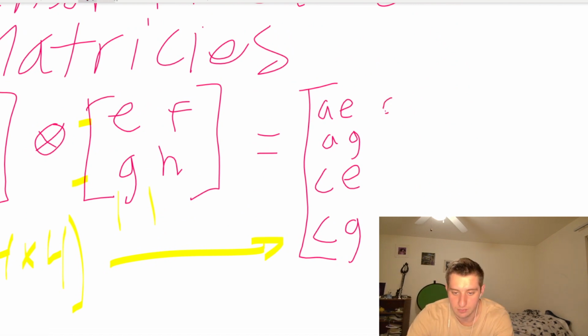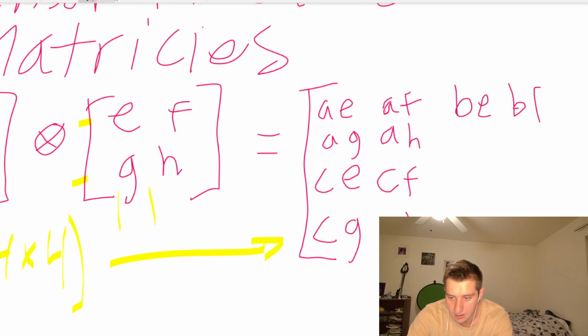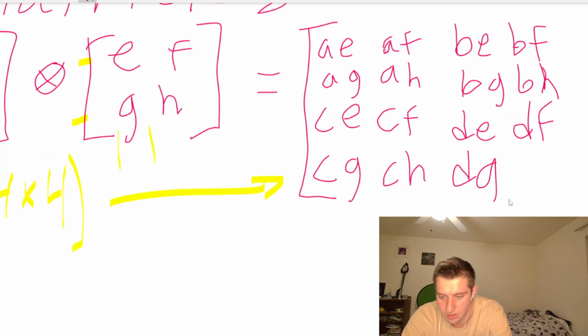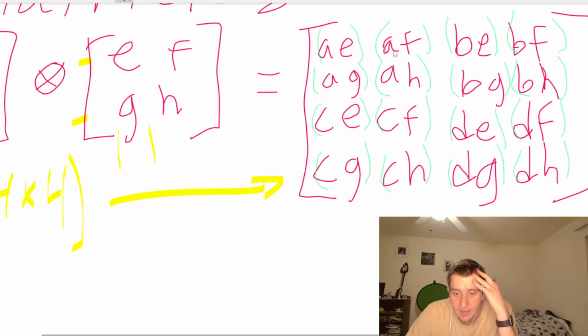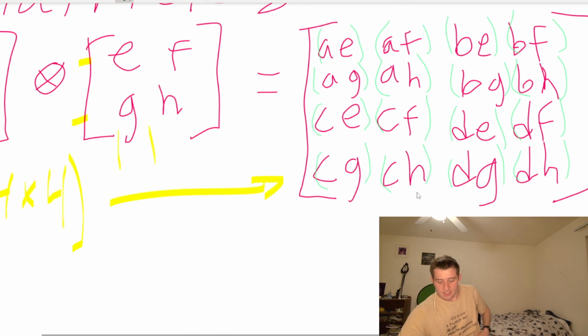And then we have A, F, we have A, H, C, F, C, H. Then we have B, E, B, F, B, G, D, G, D, H. Okay, so we have 16 pairs here, okay?